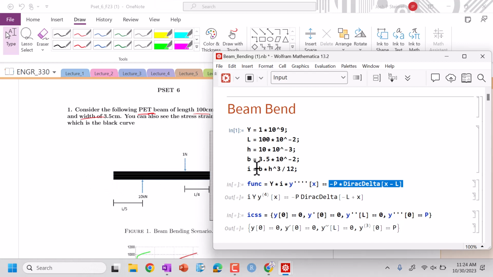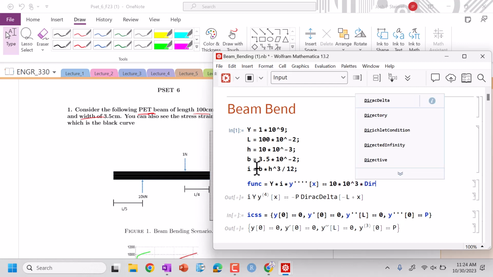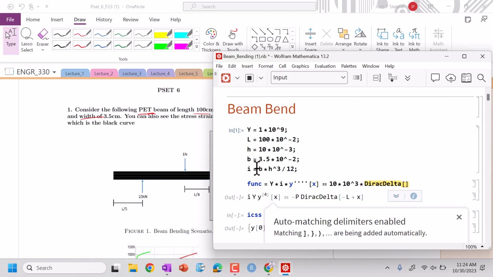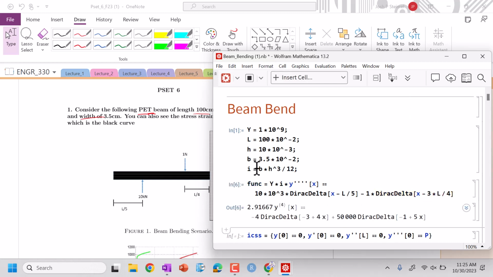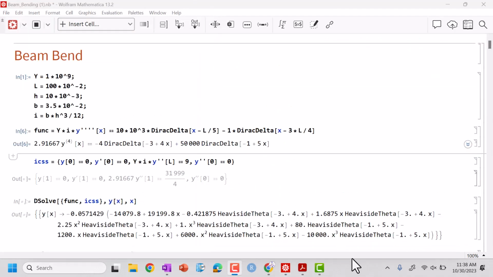We're going to have plus 10 times 10 to the 3 times Dirac delta of x minus L divided by 5, minus 1 times Dirac delta of x minus 3 times L divided by 4. Excellent. So that's our function. Let's identify some boundary conditions.